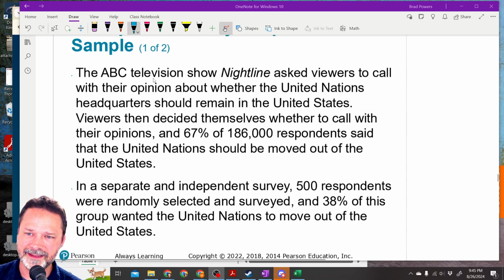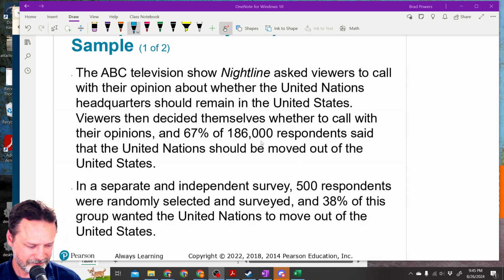The ABC television show Nightline asked viewers to call with their opinion about whether the United Nations headquarters should remain in the United States. Viewers decided themselves whether to call with their opinions, and 67% of 186,000 respondents said that the United Nations should be moved out of the United States.